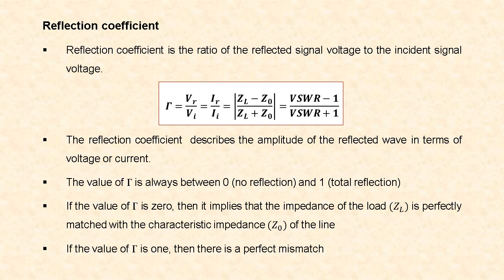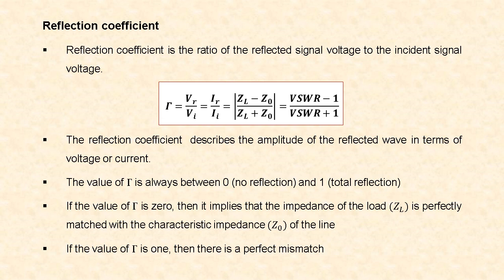Here ZL is the load impedance and Z0 is the characteristic impedance of the transmission line, and gamma is also equal to (voltage standing wave ratio minus 1) divided by (voltage standing wave ratio plus 1).